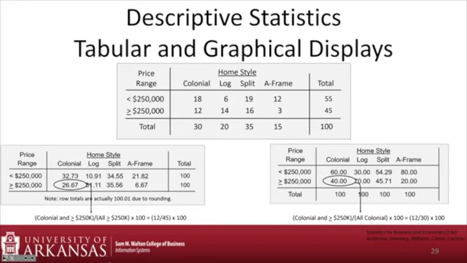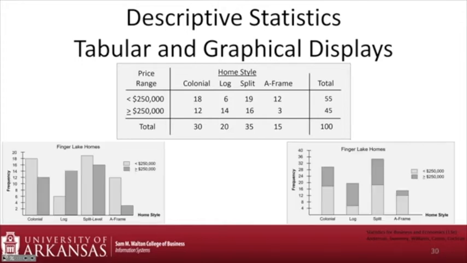So if I'm talking about the colonial houses, I don't want to use row totals because if we add this up, we've got what, 33 and 27? Looking at 50% here? Not 100%. So if we're asking questions about home style, we want to use column totals. If we're asking questions about price range, we want to use the row percentages. Does that make sense? Finding the right summary of the right data to get the right answers.